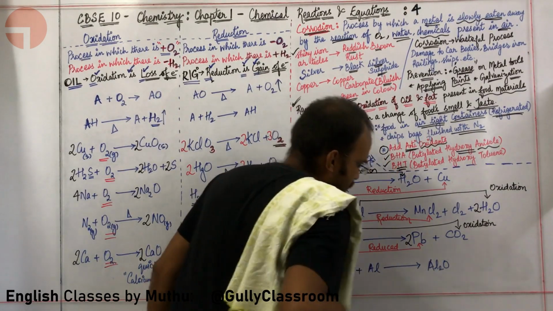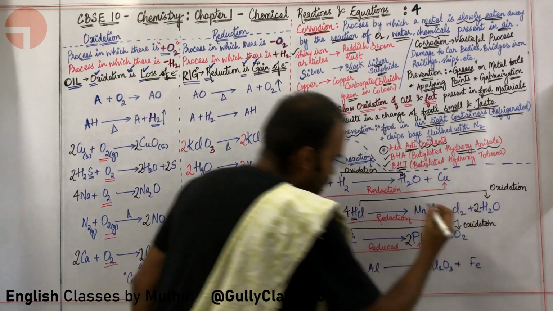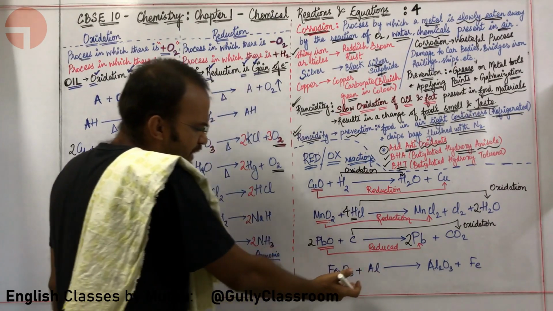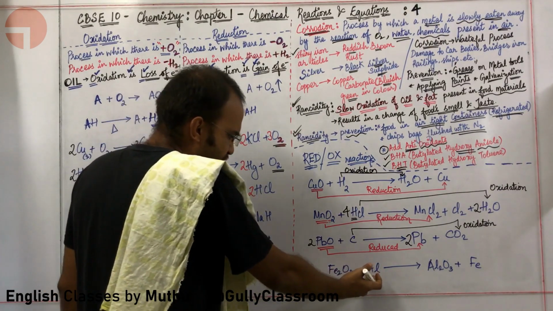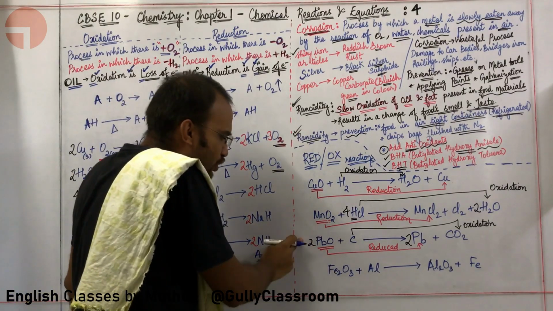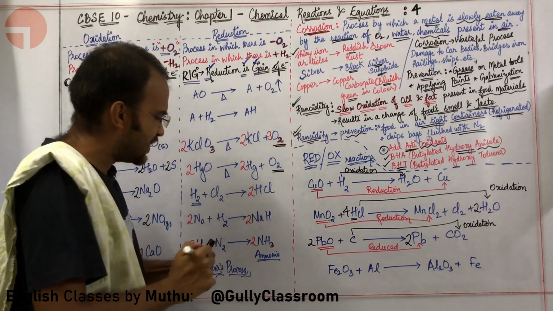You will get Al2O3 plus Fe. This is a good example for single displacement reaction. Aluminium is more reactive than iron. Aluminium simply comes over here, it fights with iron, it sends iron out of the compound and gets displaced. So it's a good example for single displacement reaction.